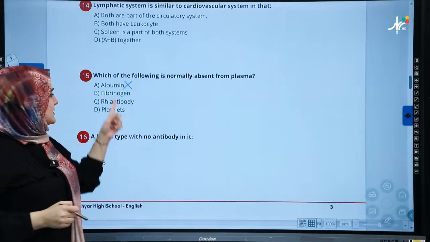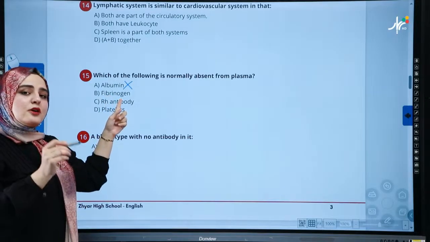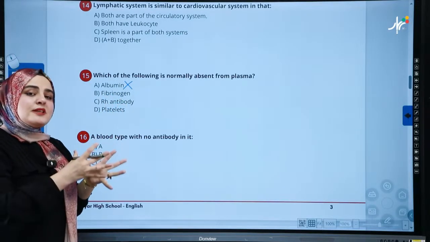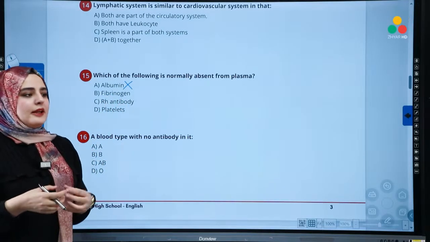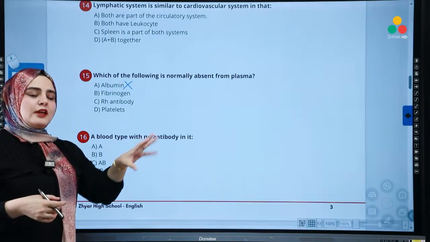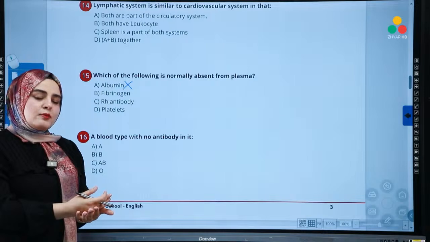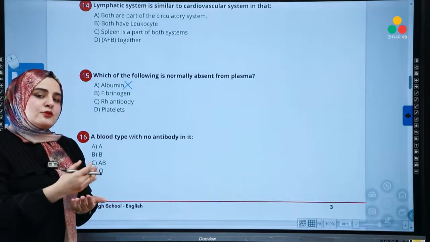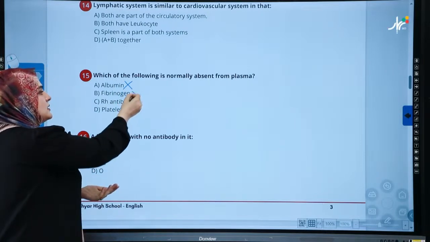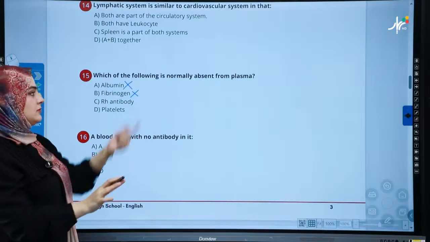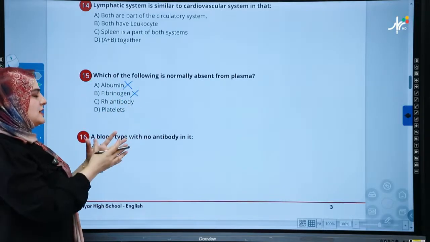Normally this is a protein for blood clotting, and it's present, it's ready. If there is bleeding, they can take it immediately. You can't wait if somebody is bleeding, it's an emergency. You can't wait for the body to produce fibrinogen. So it's normally there. So this is not absent from the plasma. The question requires something that's absent.